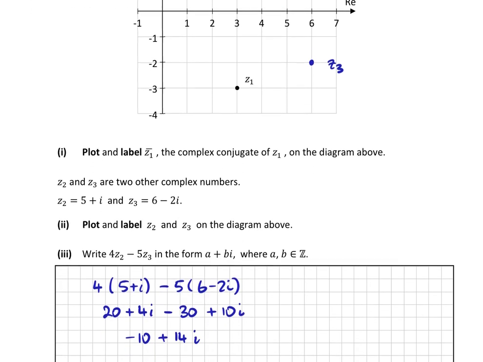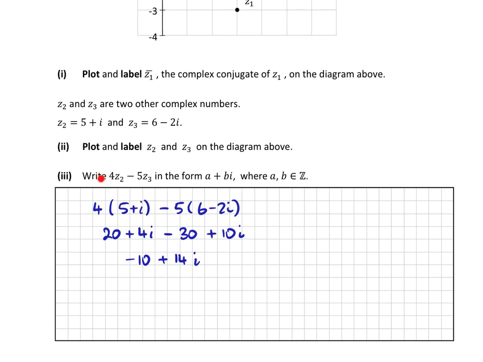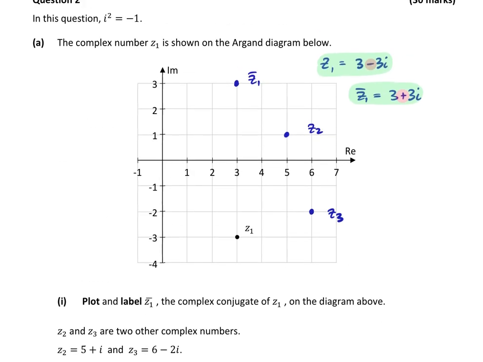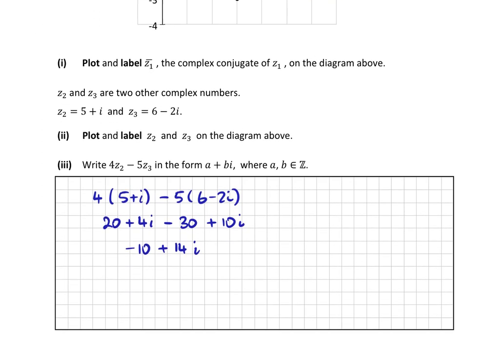That brings us on to the next couple of parts. So plot and label we've done. It now brings us on to part 3. So it says, write 4 times Z2 minus 5 times Z3. Okay, so 4 times Z2 minus 5 times Z3. So let's go back up and look. We have our Z2, we have our Z3, and we can fit them in there.